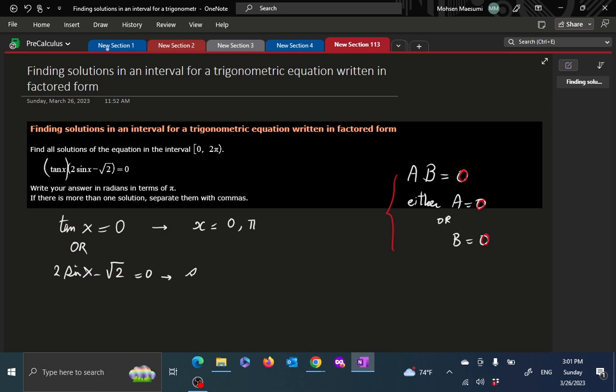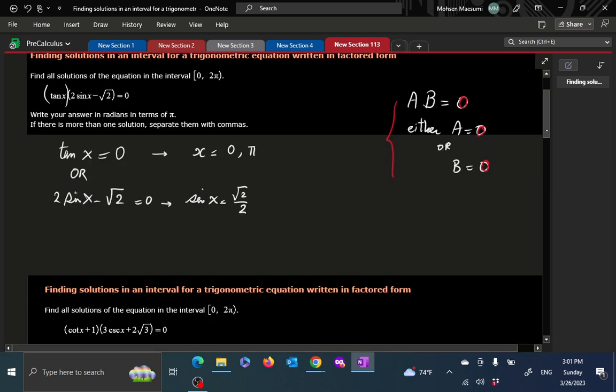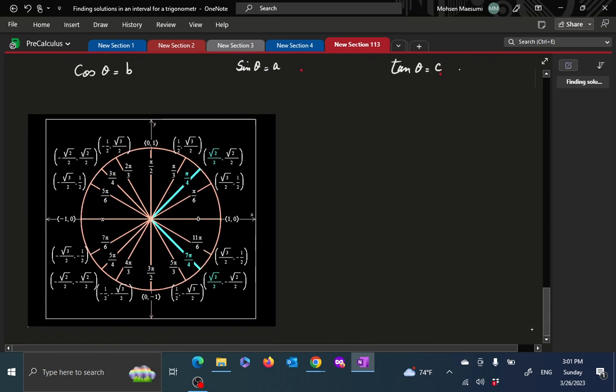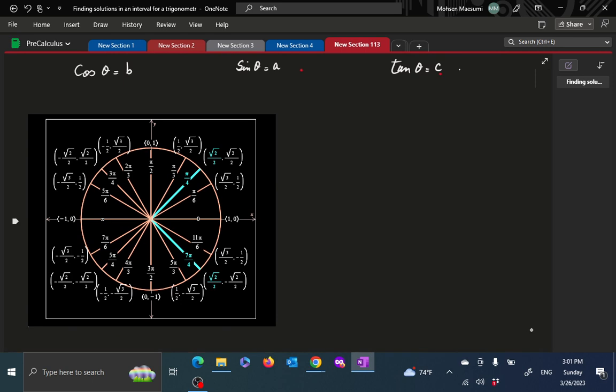This one tells us that sine of x is equal to radical 2 over 2. You can look it up in your table or in your circle. Sine, we said, matches with the y-axis, that's the second component.